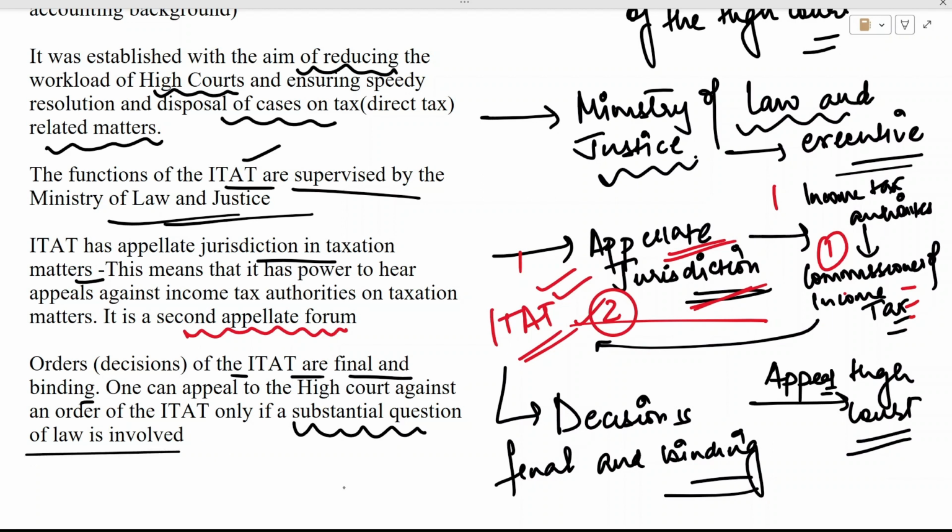If there is something with respect to interpretation of law, for example, I feel that the decision that the ITAT has given is on an incorrect interpretation of law. The law or the section that has been applied has not been understood correctly, or there is an incorrect section that has been applied. In that case, it's a substantial question of law, so I can appeal to the High Court if I want against the decision of the ITAT.